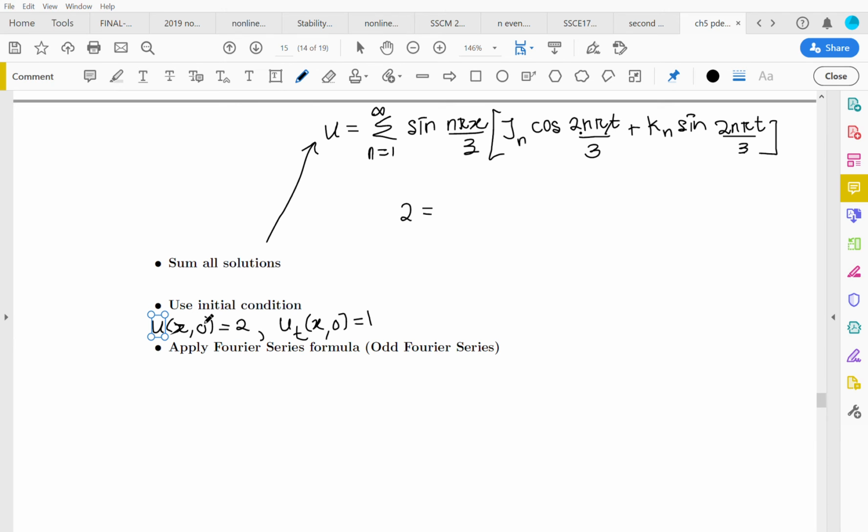With t equal to 0, x remains here. Cos 0 is equal to 1, and for this part sine 0 is 0. So we only have this part, jn. It actually becomes the sum from n equal 1 to infinity of jn sine n pi x over 3.